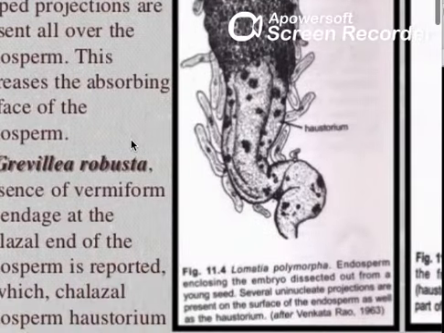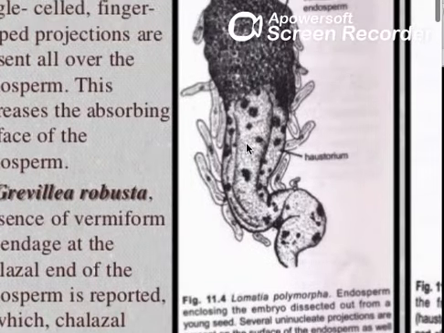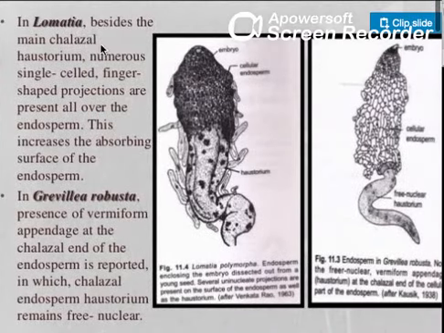In Lumetia, this is another species. Okay, in Lumetia, besides the main chalazal haustorium, so here you have a main chalazal haustorium, which is actually composed of the free nuclear type.